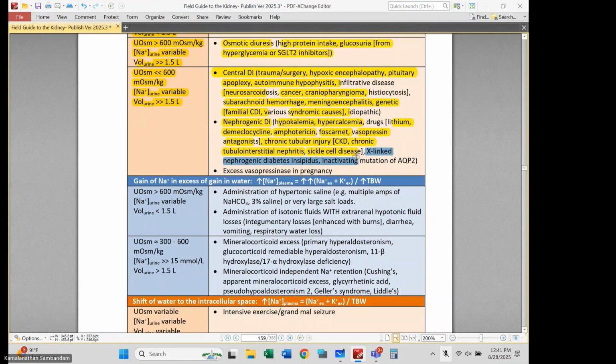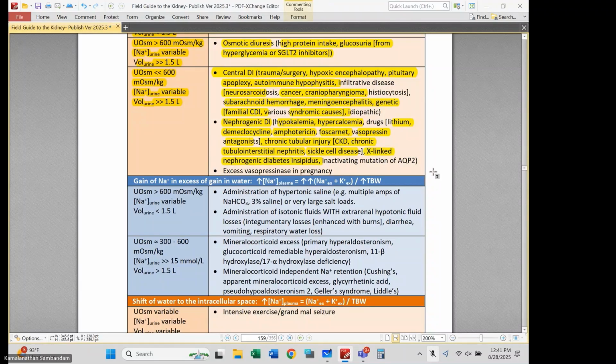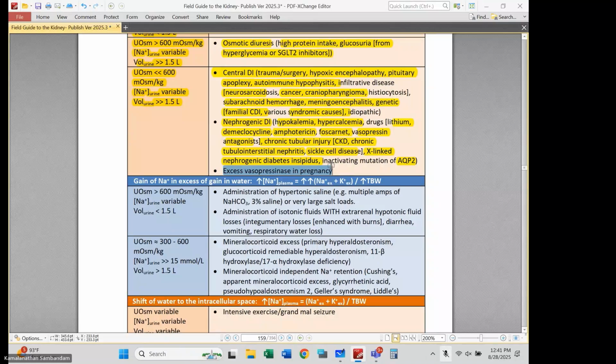Okay? There are mutations or genetic defects that can result in diabetes insipidus as well, which I've cataloged in that list. And then vasopressinase would be a form of diabetes insipidus as well that can happen during pregnancies.